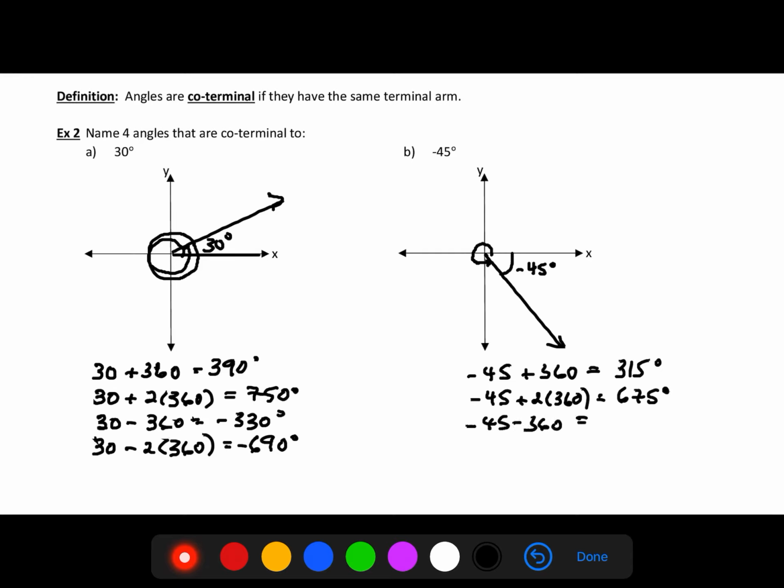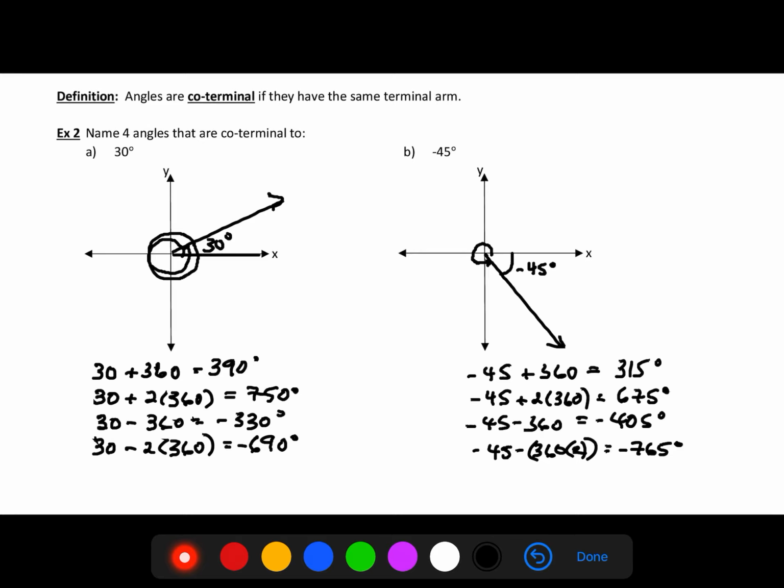And subtracting, we would have negative 405, and with 2 full rotations, taking away 720 means we would have negative 765.